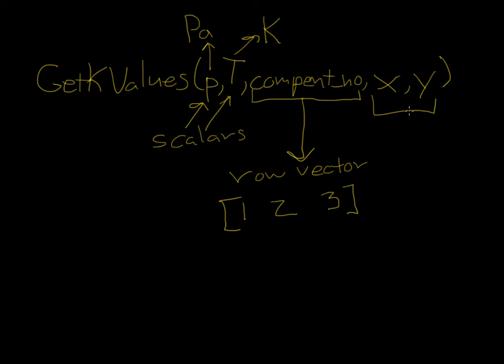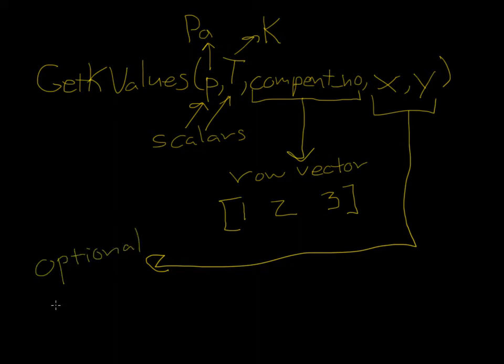X and Y then are both optional arguments. And they're formatted, if you do choose to use them, in exactly the same format as the row vector that you enter for the component numbers. All right, so you'll enter a composition for each of these components in the x vector and the y vector.